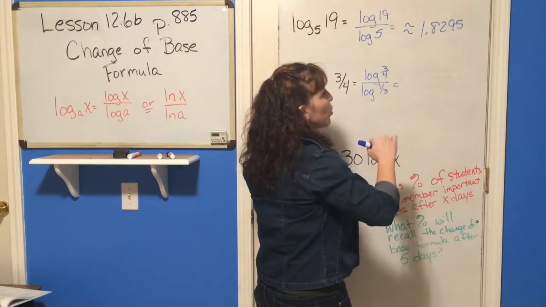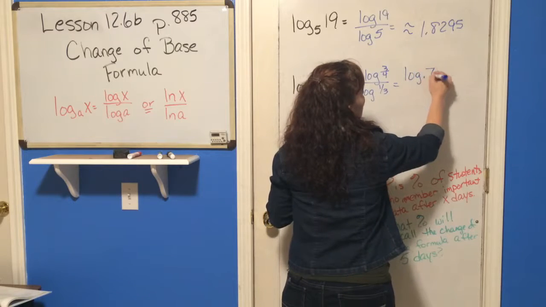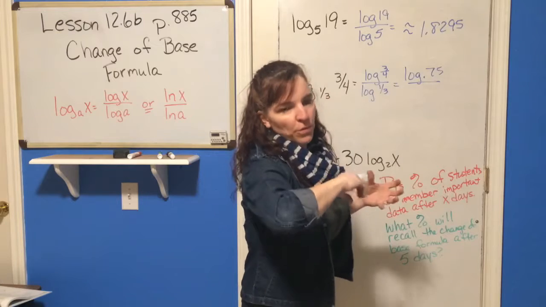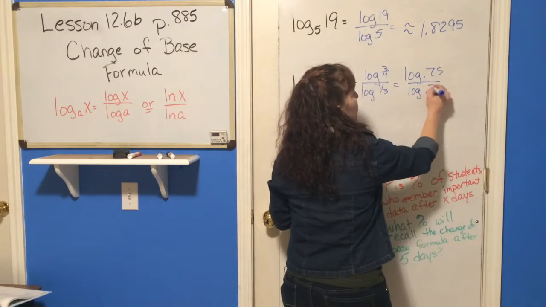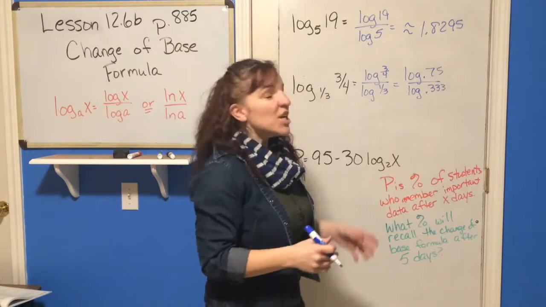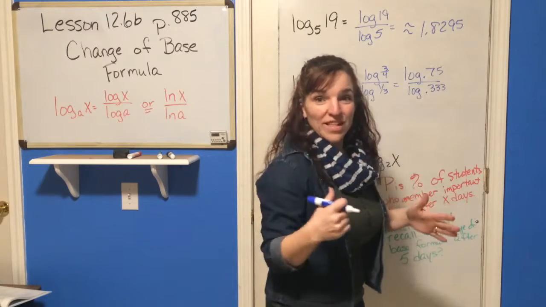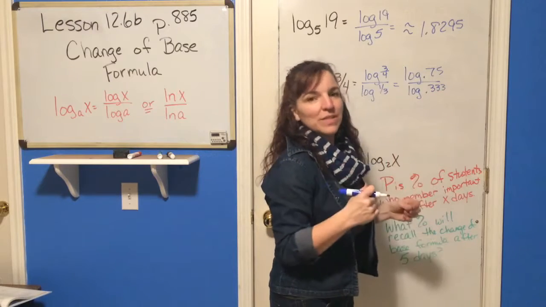So 3 divided by 4 comes up with 0.75. So you want the log of 0.75. And then 1 divided by 3, remember, is 0.333333333. So you can just say the log of 0.333. And if you want to put a bunch of 3's in there, that's fine. It might round just a touch differently in the third or fourth decimal place, but it's negligible.